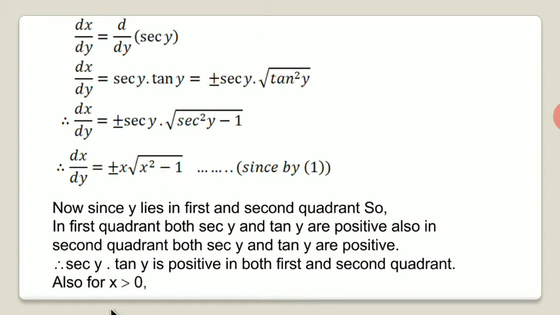And therefore also for x greater than 0, x into square root x square minus 1 is also greater than 0. For x less than 0, obviously this term becomes negative. So minus x into square root of x square minus 1 is positive. Since it is negative, if we multiply it by a minus sign, it becomes positive.